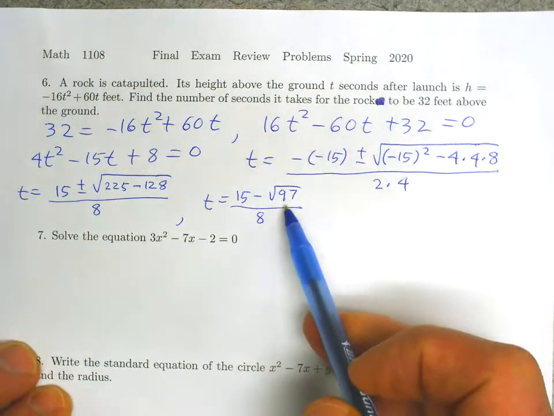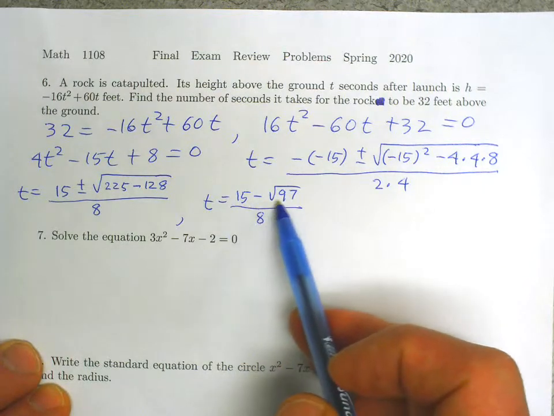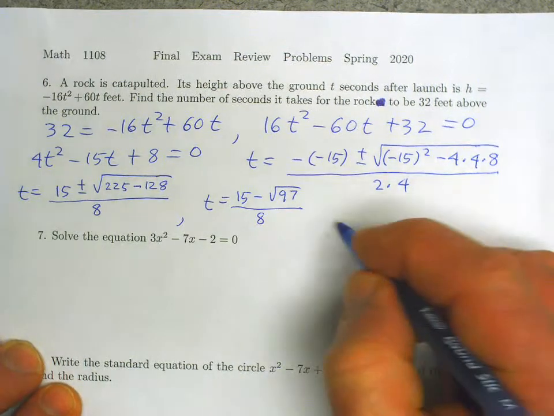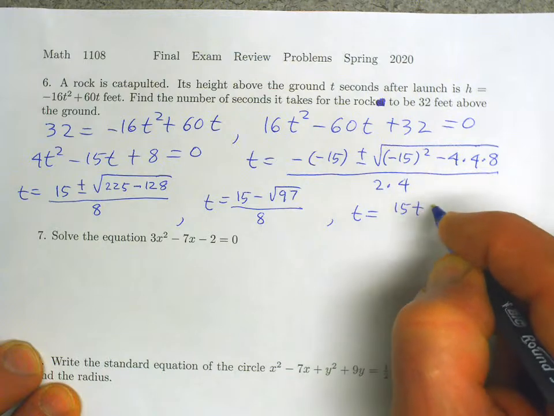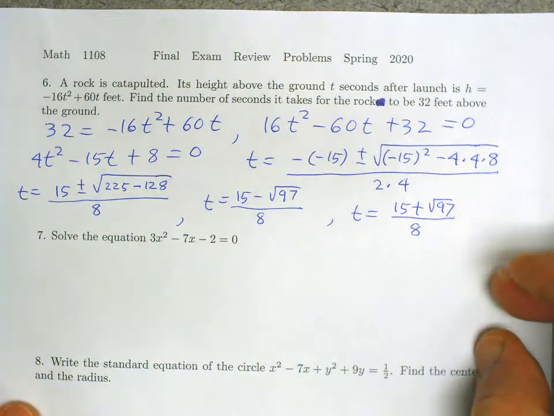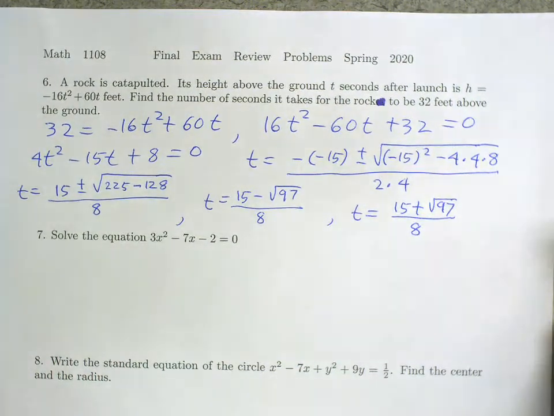The square root of 97 is a little bit less than 10, and 15 minus 10 is positive. So the smallest solution is positive. The other solution, t equals 15 plus the square root of 97. Both of these solutions apply to this problem.